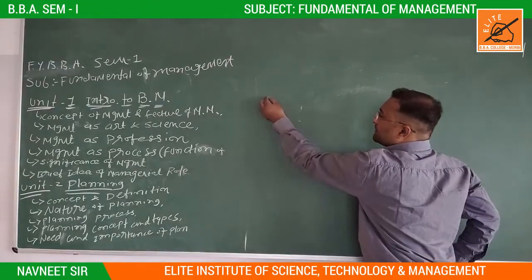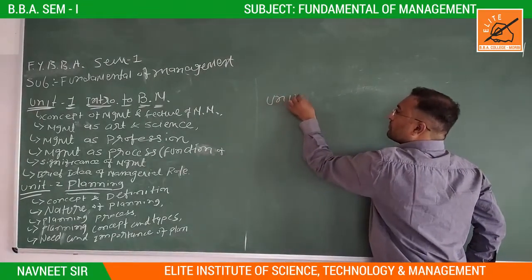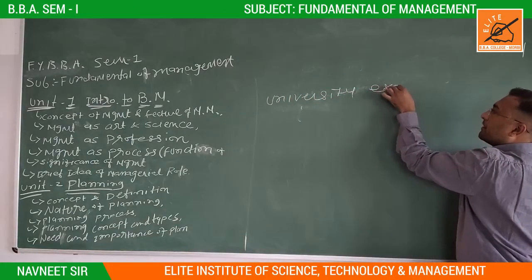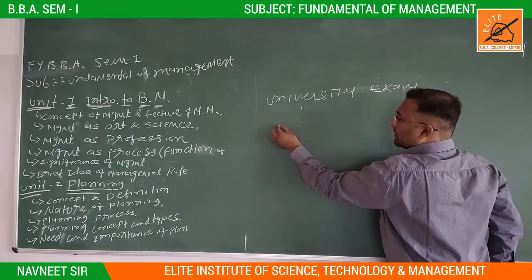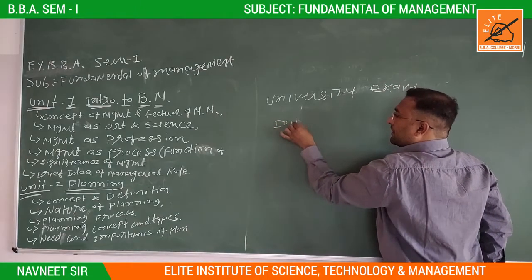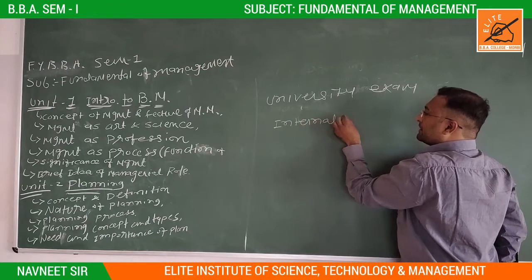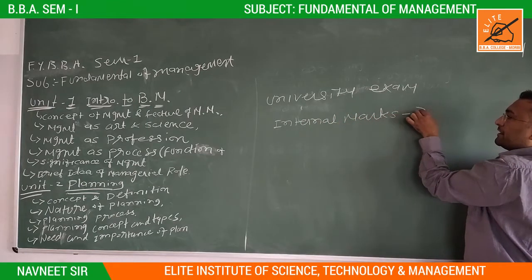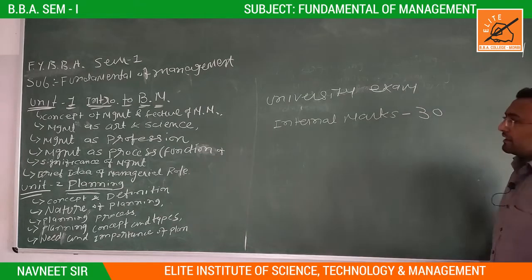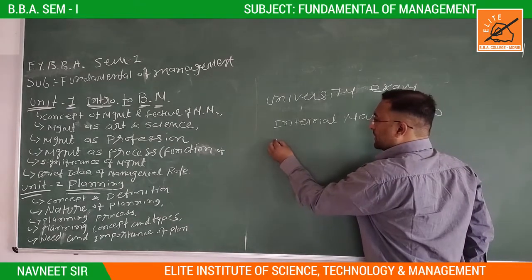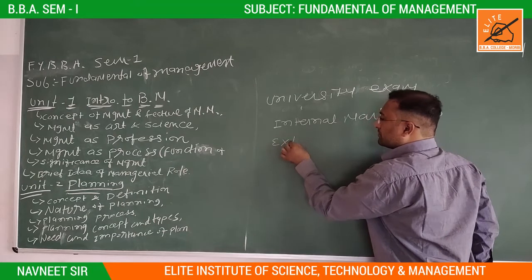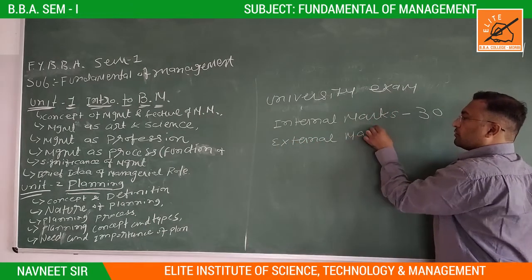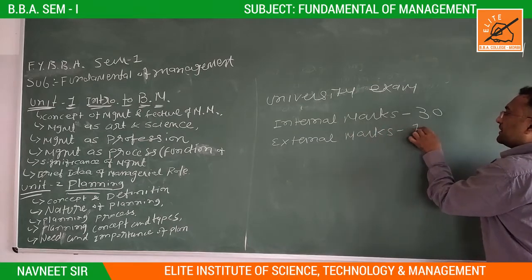In university examination, internal marks will be 30 and external marks will be 70.